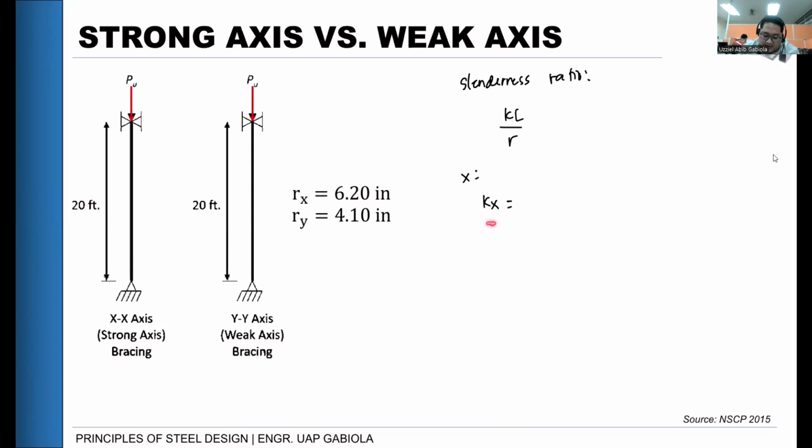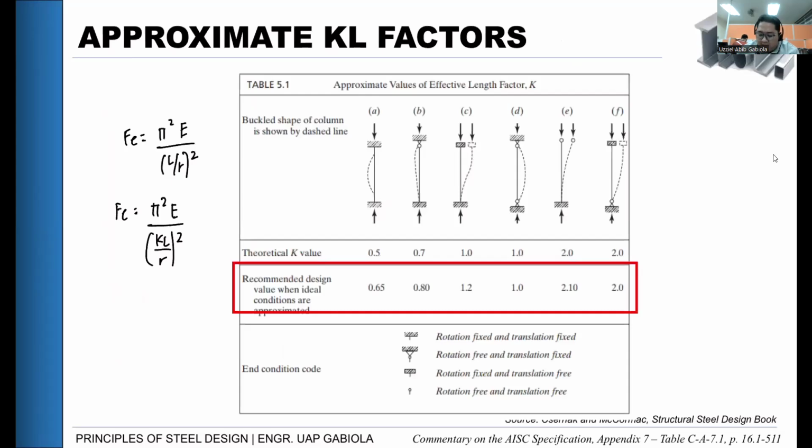So, we have a pin, tsaka meron tayong pin. Anong value ng K natin? So, pupunta tayo doon sa table. Okay? Ito yung table natin. And ito yung pin, and then ano yung value ng K? 1.0. Recommended design value tayo. Okay? So, 1.0 siya.